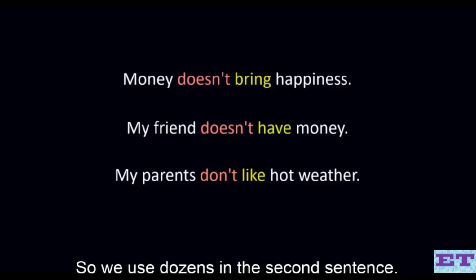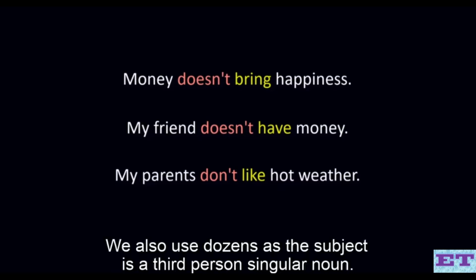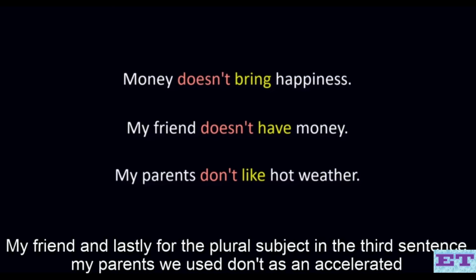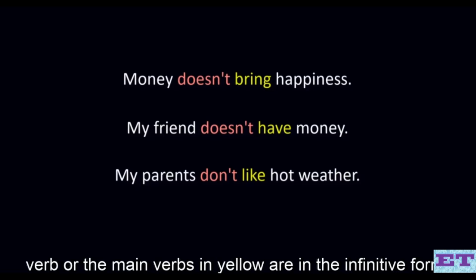In the second sentence, we also use doesn't, as the subject is a third person singular noun, my friend. And lastly, for the plural subject in the third sentence, my parents, we use don't as an auxiliary verb. All the main verbs in yellow are in their infinitive form.